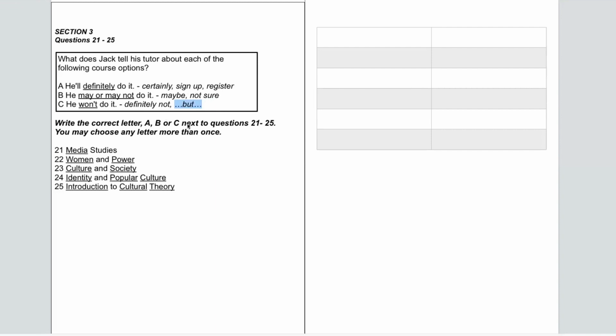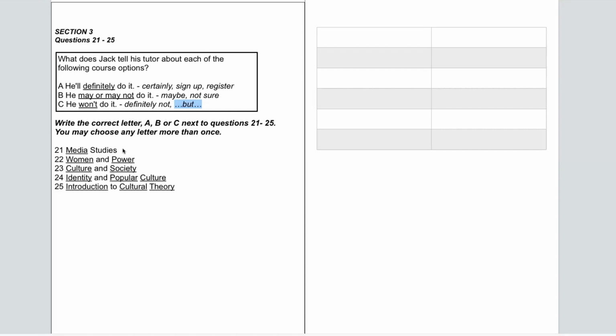This example here is very important to pay attention to because in the exam, there are many instances where the transcript will say something and then immediately after add in a negative remark that shows it is not the correct answer. So an example here could be, "Oh, media studies seems very interesting. I'd like to do it, but I won't have time in my schedule."